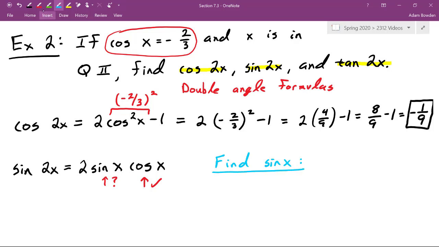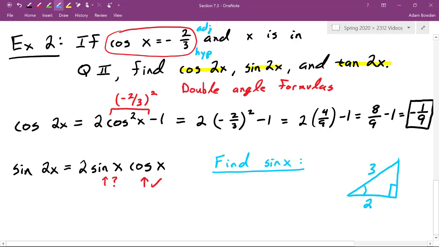To do that, I'm actually going to draw a right triangle. And I'm going to label the sides based off of the cosine x I have up above. Cosine being adjacent over hypotenuse. So if this is our angle here, the adjacent down here would be 2, hypotenuse would be 3.